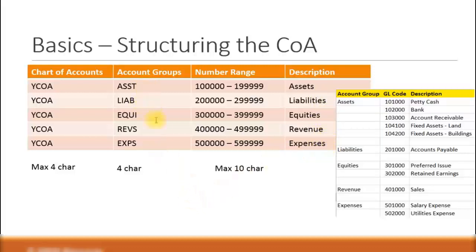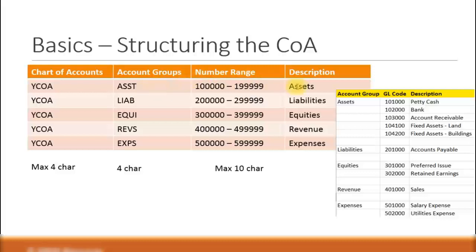The account groups in SAP have to have 4 characters. For assets, I have used 4 characters as ASST, liabilities LIAB, and so on. Now for each account group, you have to give a number range. This number range controls the GL account code.